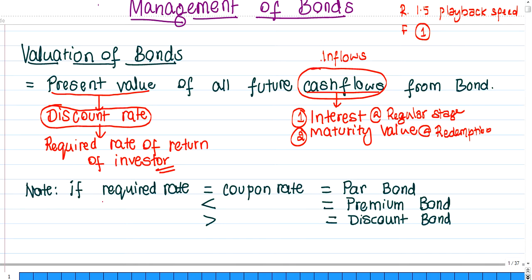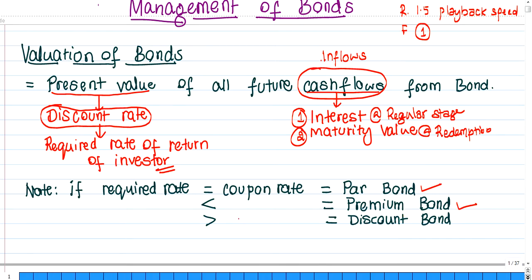Another important note: what is the coupon rate? It is the rate given in the certificate of the bond. If the required rate is equal to the coupon rate, that is known as a par bond. If the required rate of the investor is less than the coupon rate, that is a premium bond.